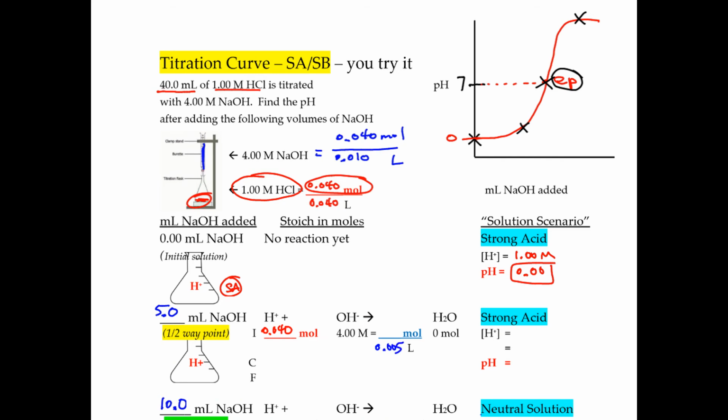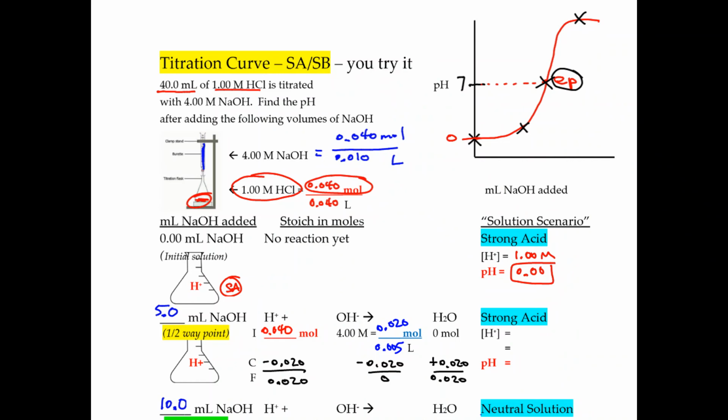And that means that I added 0.02 moles. So the limiting reagent is going to be the 0.02. So write this minus 0.02, minus 0.02, plus 0.02. And when I'm all done, I have 0.02 of this, none of that, and 0.02 of this, but that's water.